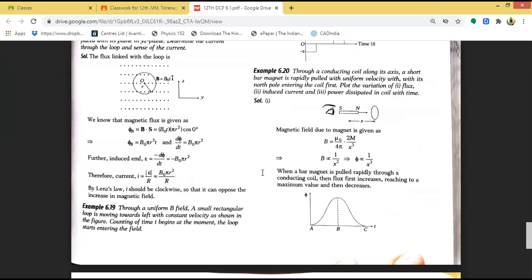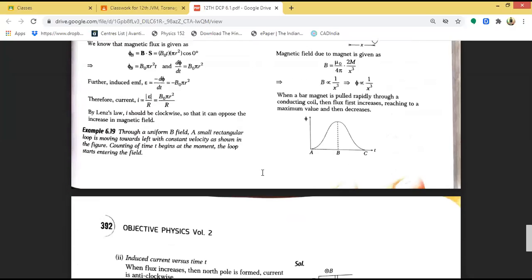Look at the screen. If it's question number 6.19, question क्या है यहाँ पे? Through a uniform magnetic field, a small rectangular loop is moving towards left with constant velocity v as shown in the figure.